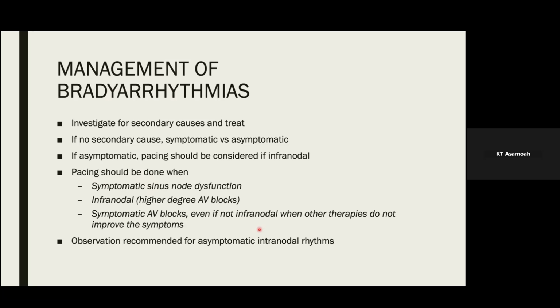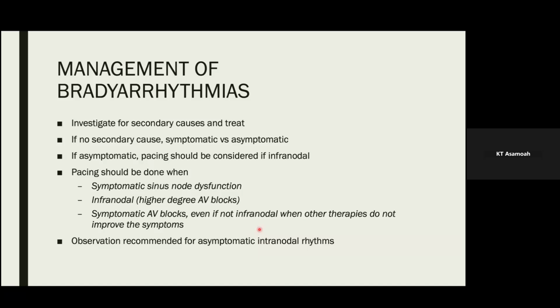So generally, if there's symptomatic sinus node dysfunction, or infranodal AV blocks, especially the infra-His AV blocks, which tend to occur in second degree Mobitz 2 and then third degree AV blocks, then you consider pacing. You also consider pacing for symptomatic AV blocks, even if it's not infranodal.